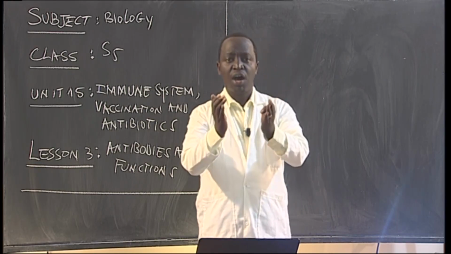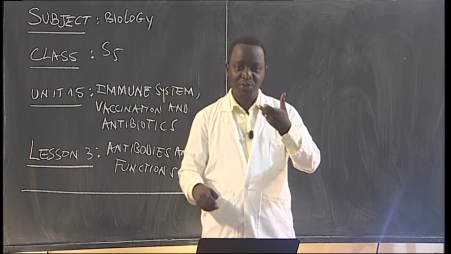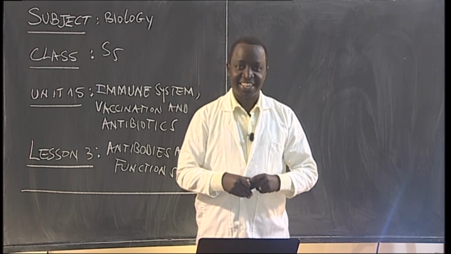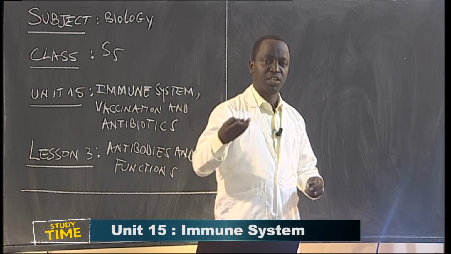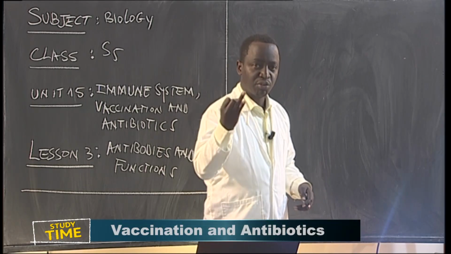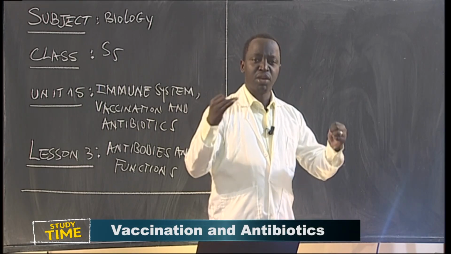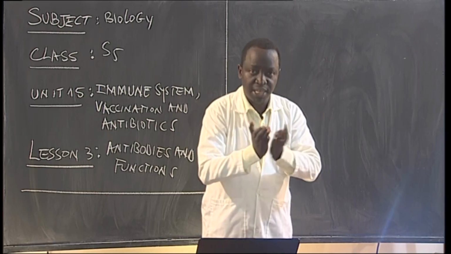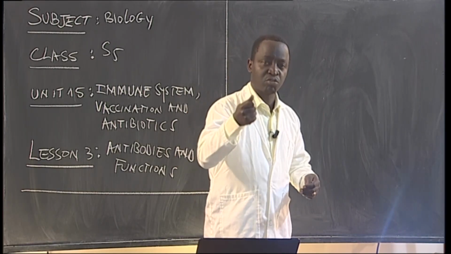And then how do antibodies react with the antigens? Number one, neutralization, by neutralizing the antigens. Number two is by agglutination. What is agglutination? It is when the antigens are clumped together. Once they are bound together, it is easy to destroy them.